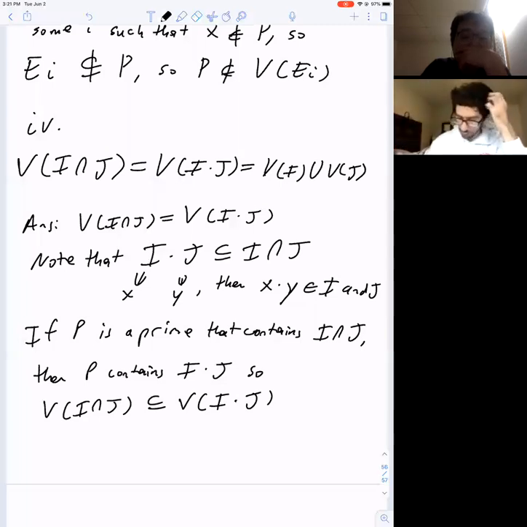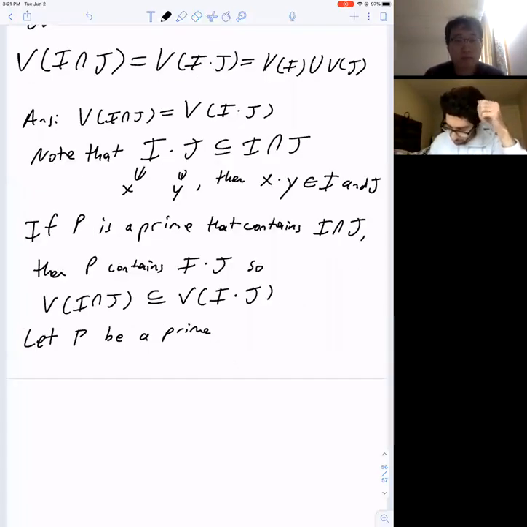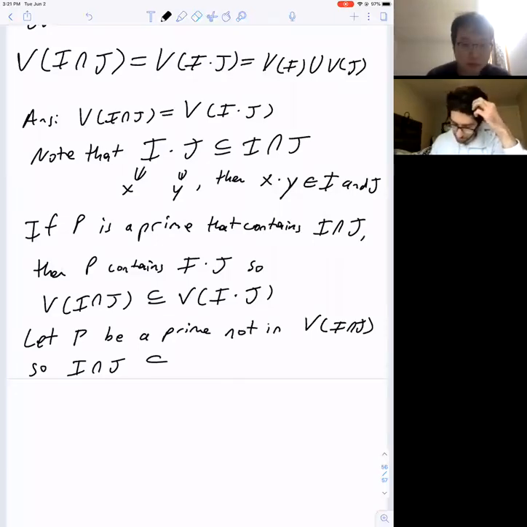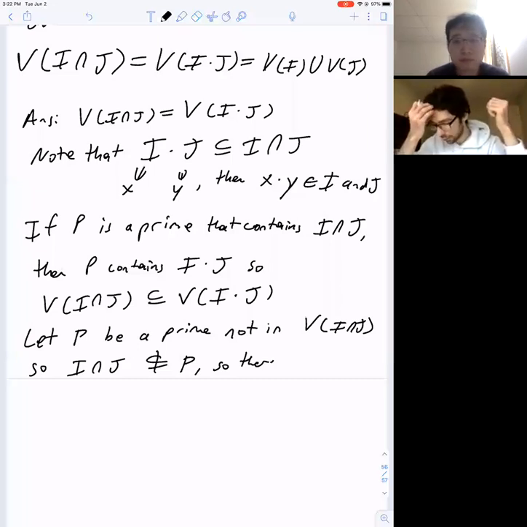Okay, and so now let's prove the other direction. Let P be a prime not in V of I intersect J. So that means I intersect J is not a subset of P. So there is an element x in I intersect J such that x is not in P. How do we prove that P is not in V of I times J?